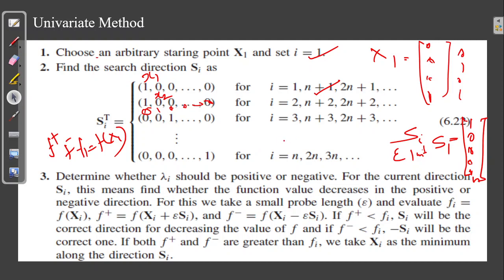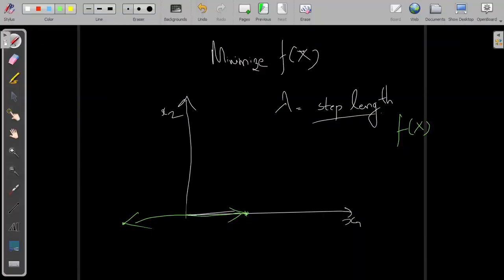For example, this is the function value f of x1 somewhere here.